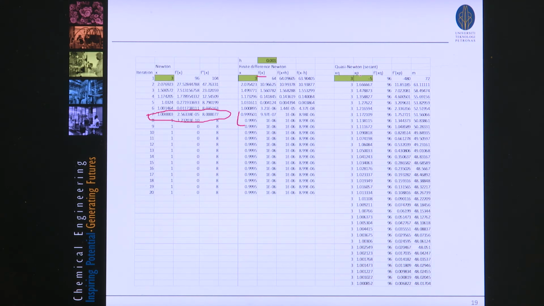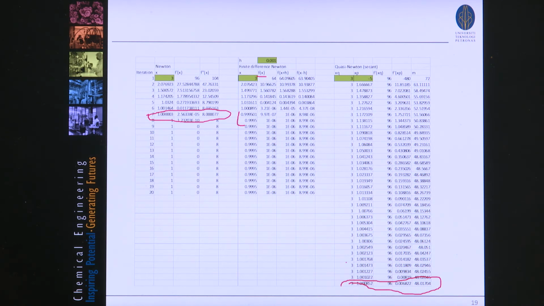And for the quasi-Newton secant, xp is minus 5, xq is 3, and we do the iterations until, this is quite more, maybe 20 or 30 or so. If you see this, it is still 1.00 something.